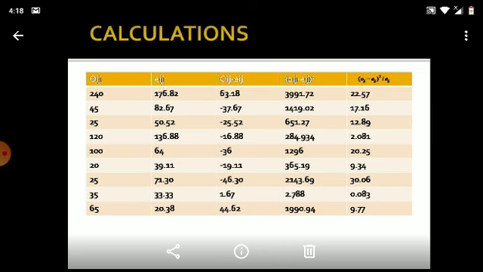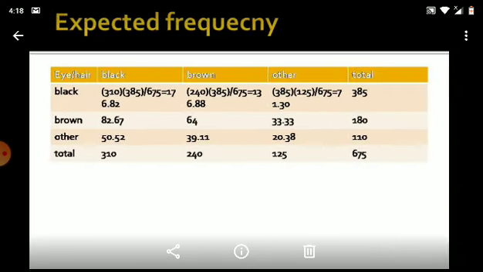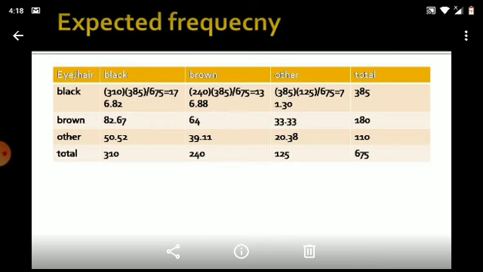So keep this in mind that while writing OIJ and EIJ you should be careful that the exact corresponding value of EIJ should be written against the OIJ column. जैसे 240 के सामने 176.82 था, 45 के सामने 82.67, 25 के corresponding 50.52. You can see in this table also.